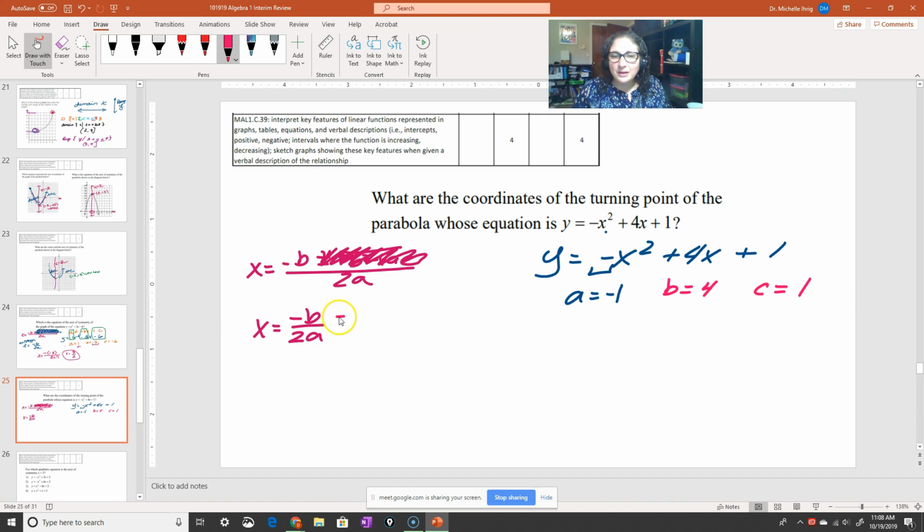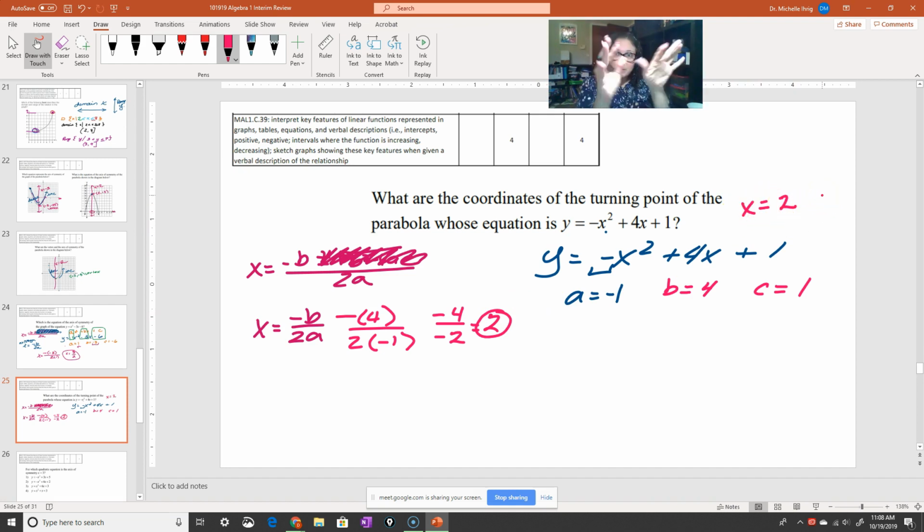Opposite of B, opposite of +4, over 2 times A. Negative times 4 is -4. 2 times -1 is -2. And then I do the math. -4 divided by -2 on your calculator will give you +2. That tells you the axis of symmetry is at x equals 2.